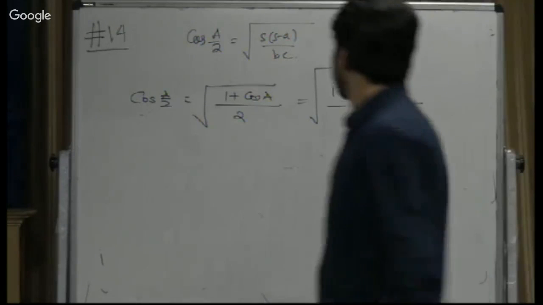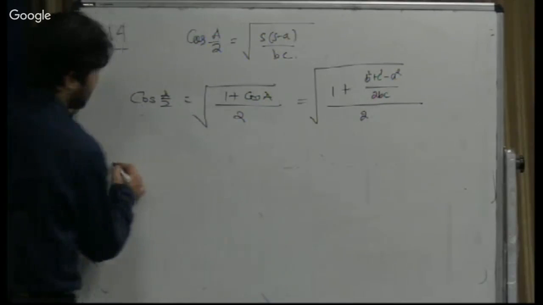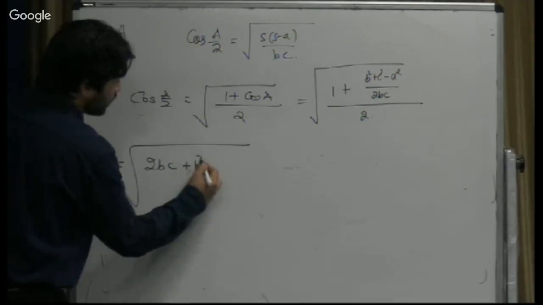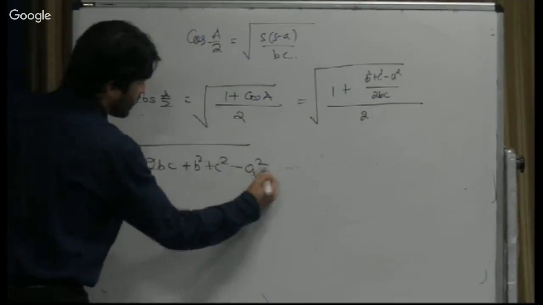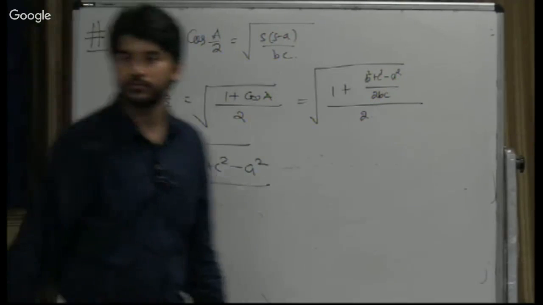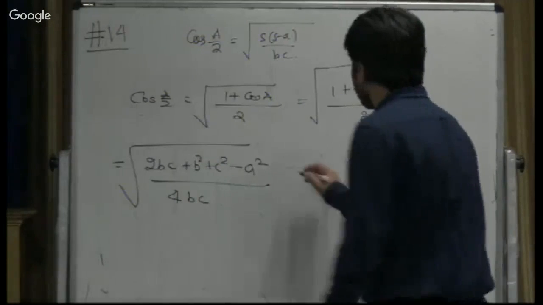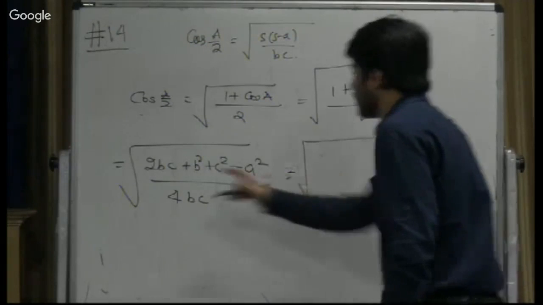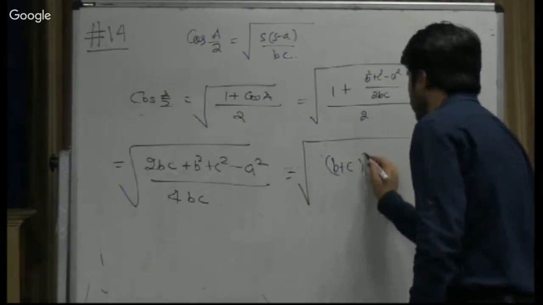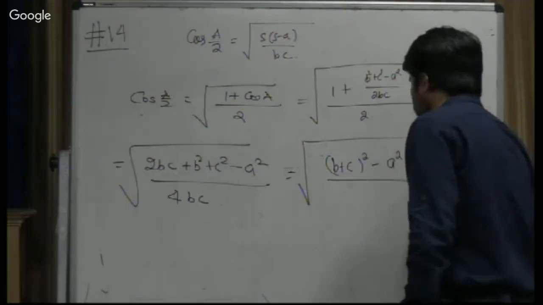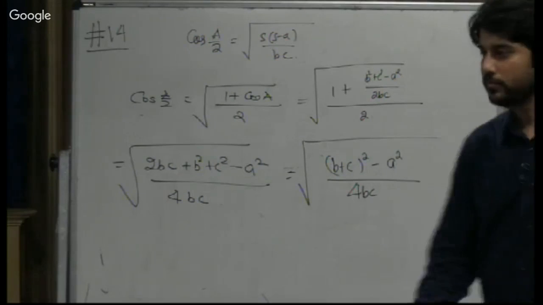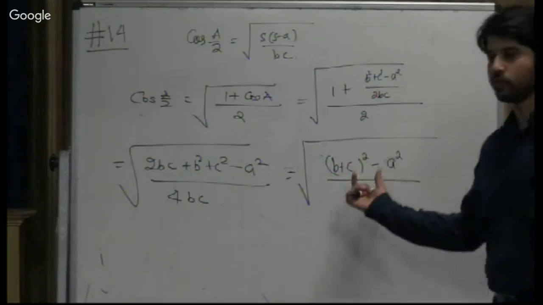Right? So I can say this as 2bc plus b square plus c square minus a square upon 4bc. Which I can write, this is a perfect square. So I can write b plus c whole square. Now this is the difference of two squares.